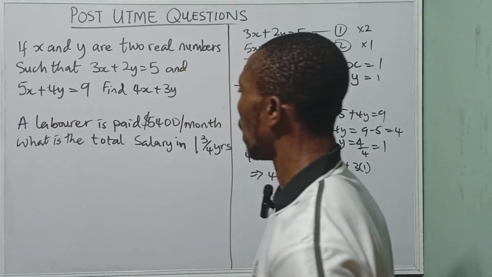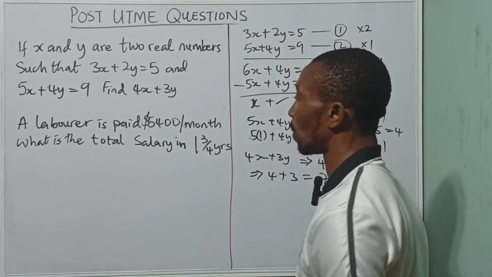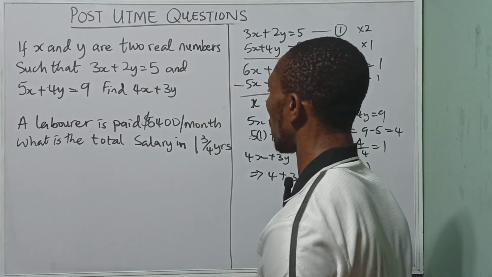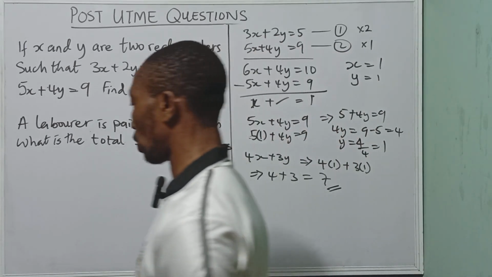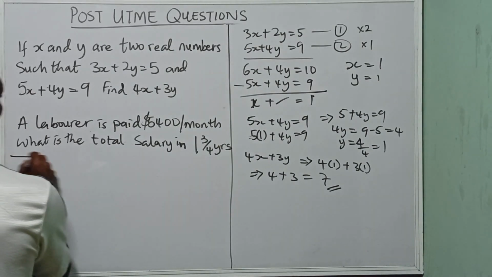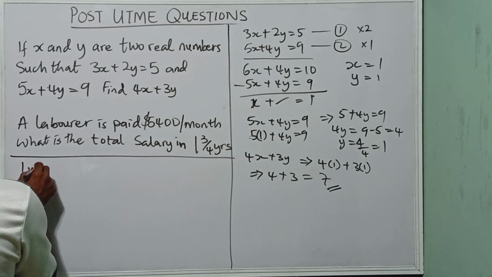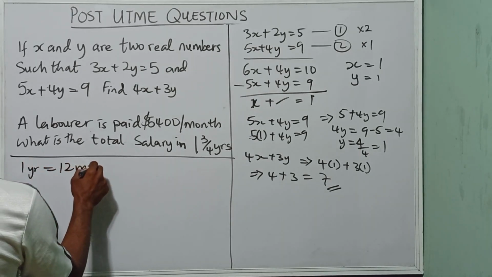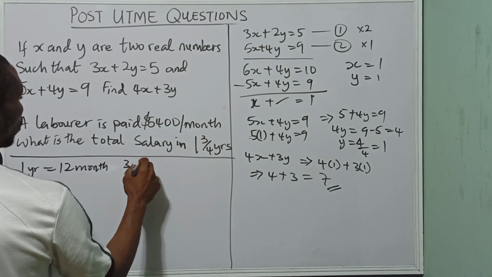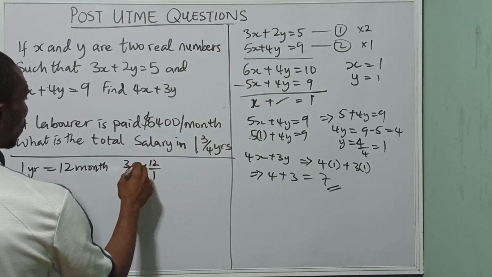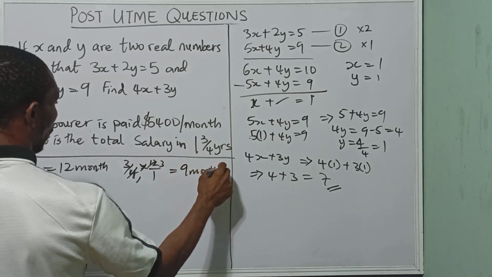It says, a laborer is paid $5,400 per month. What is the total salary in 1 3/4 years? Now, in order to solve this, 1 year equals 12 months. So 3/4 years will be 3/4 of 12, which will give us 9 months.